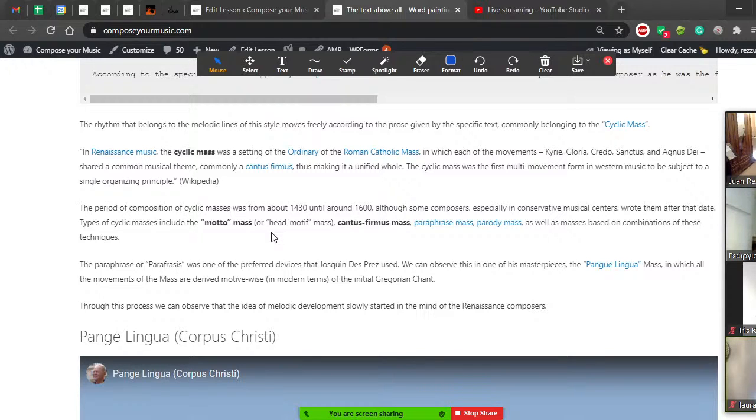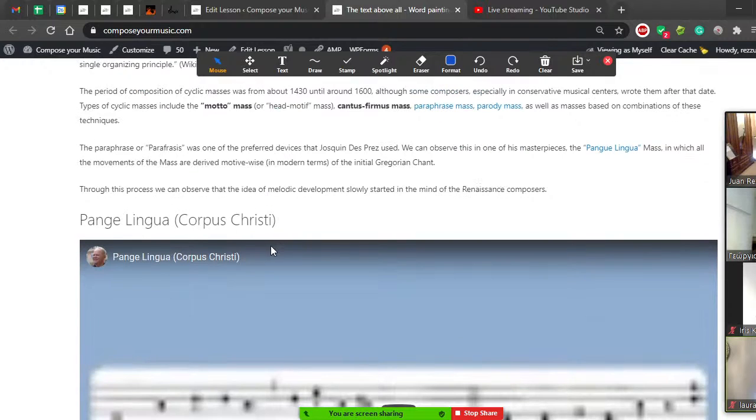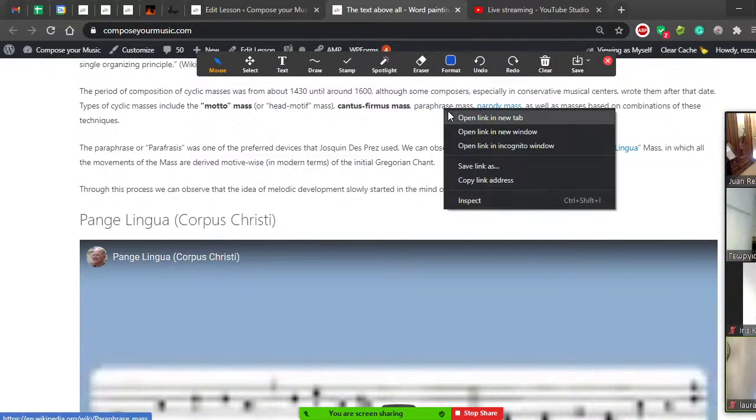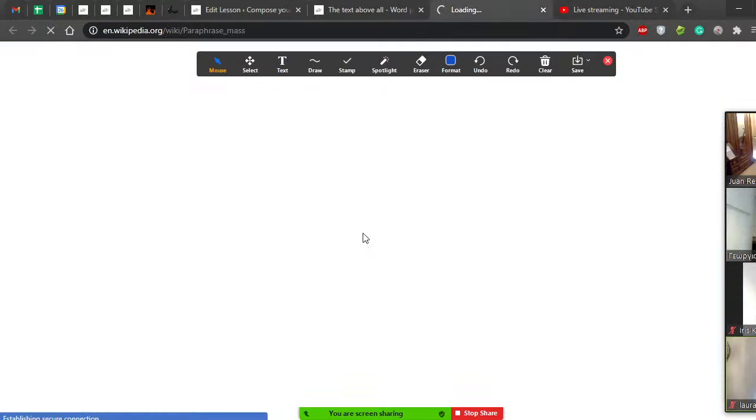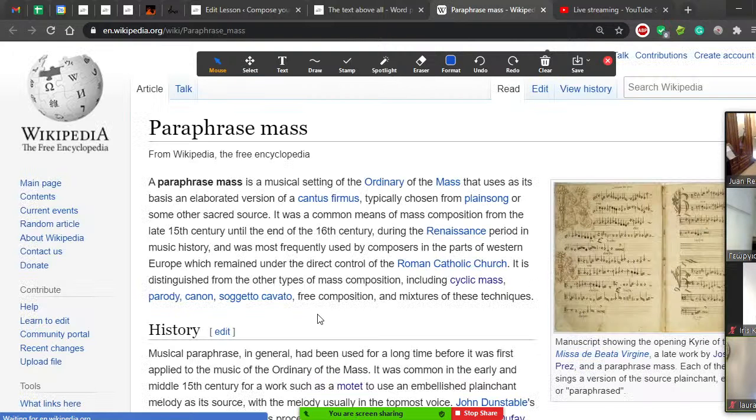The paraphrase mass was used a lot in the 16th century by Josquin Desprez or Palestrina. A paraphrase is a musical setting for the ordinary of the mass that uses as its basis an elaborated version of a cantus firmus, typically chosen from plainsong or some other sacred source.